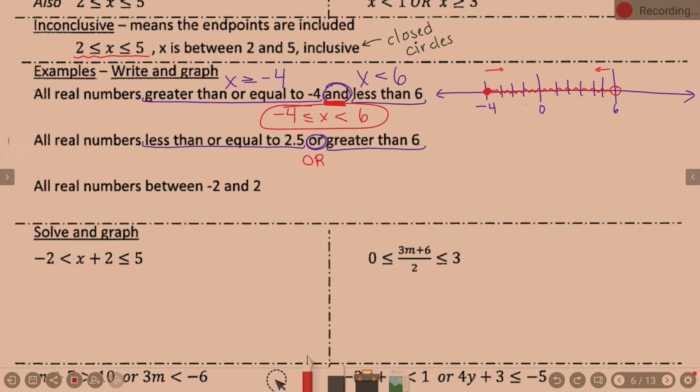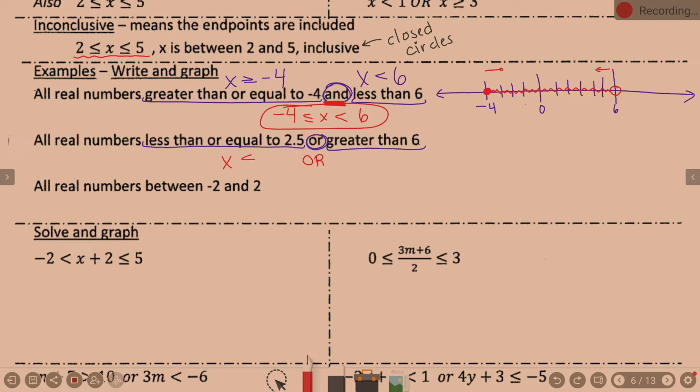How do we write a statement for less than or equal to 2.5? What do I always put first? And when I'm writing these, an x, right? So x less than or equal to 2.5.